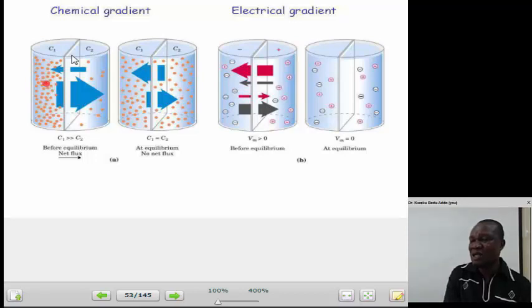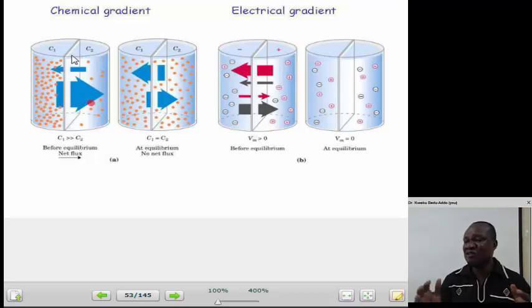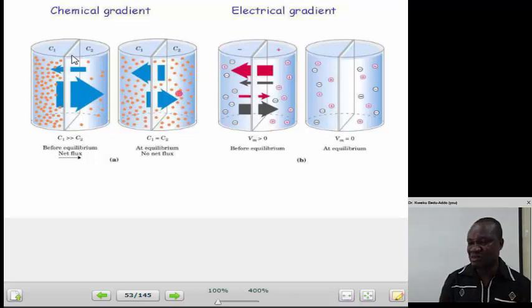And these are separated by a membrane. Now, the movement of particles from C1 is greater than movement of particles from C2. Because of the differences in concentration, there is a net movement of particles from C1 to C2.